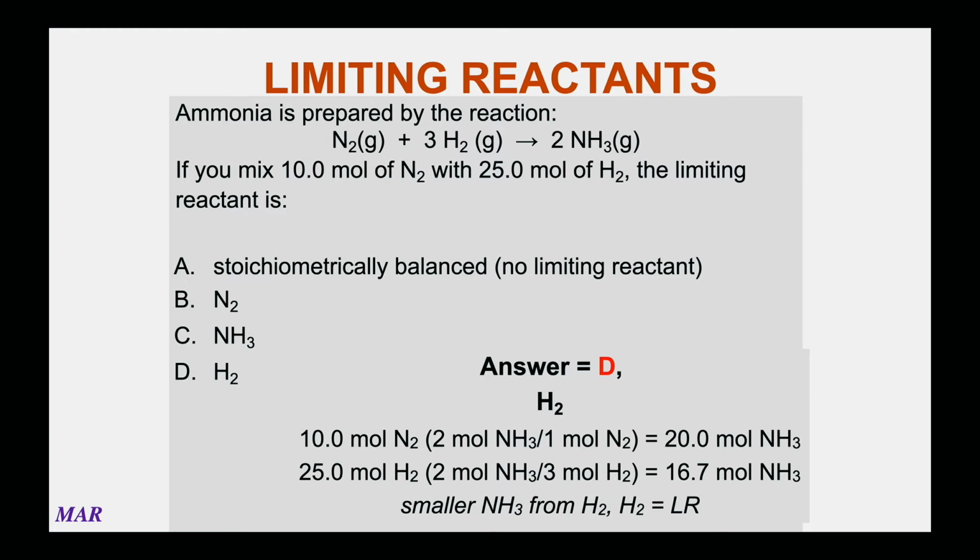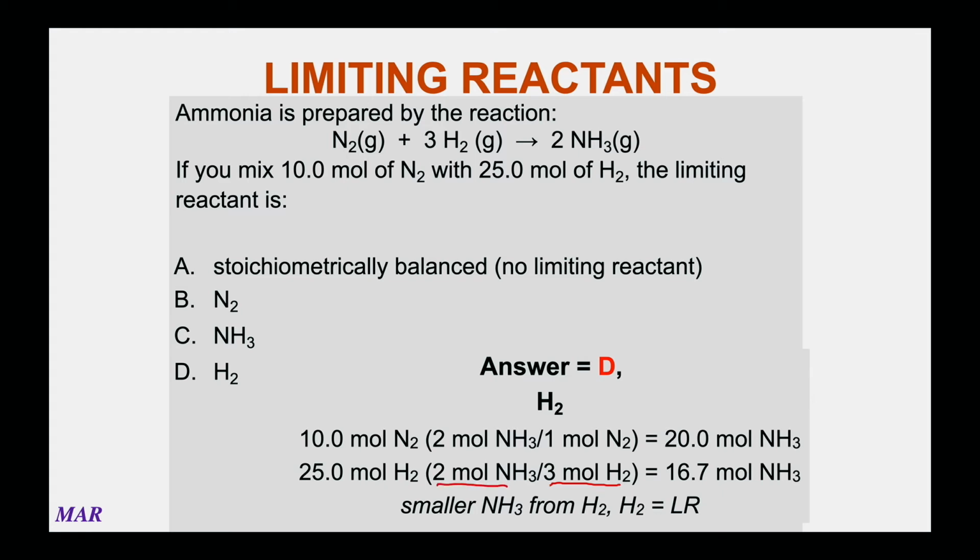Now, mathematically, what you can do is you can figure out these kinds of things. And here's a way to do it. I'm turning the moles of the reactant, either N2 or H2, into moles of the product, NH3. And this is what we're going to do here in a little bit. So notice for the first one, 3 moles of H2 were needed for 2 moles of ammonia.